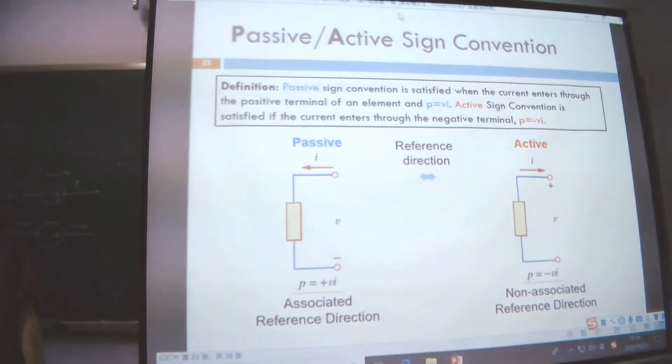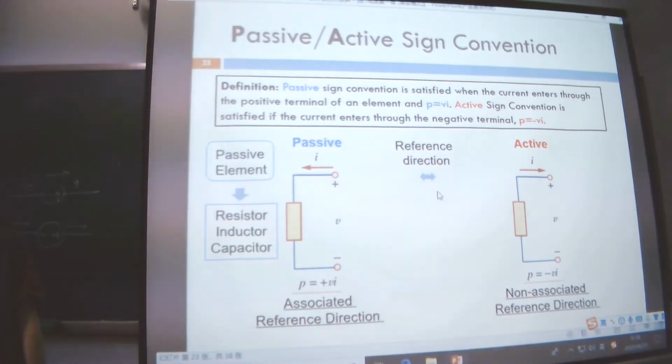So in most cases, we just remember this one. This equation only depends on the current direction. If the I value is positive, this is positive. If the I value is negative, this is negative.